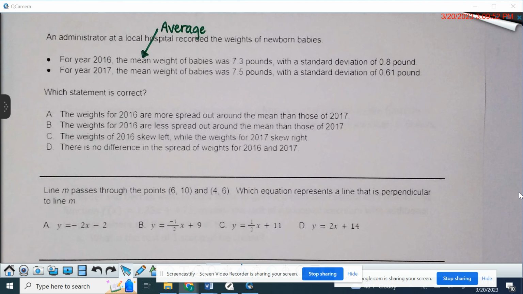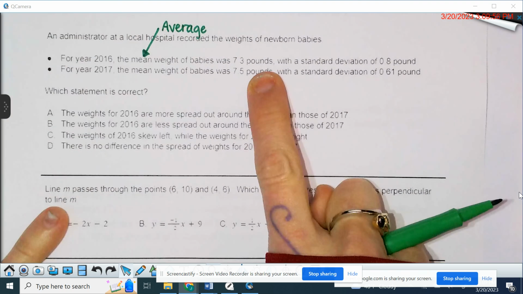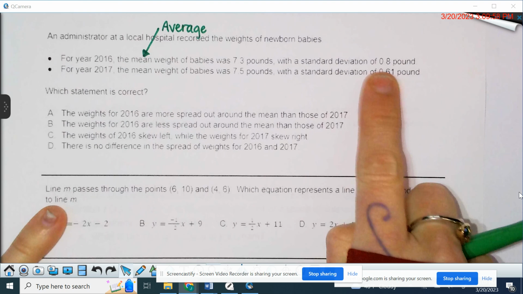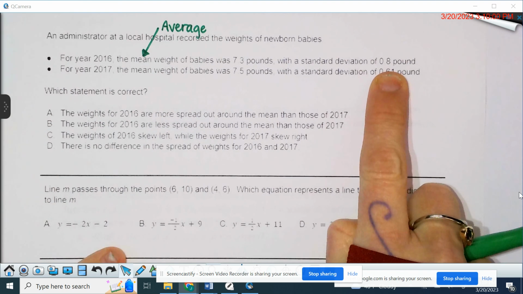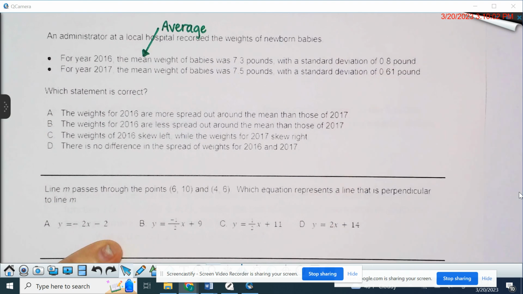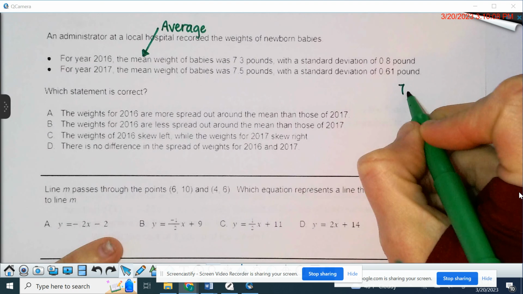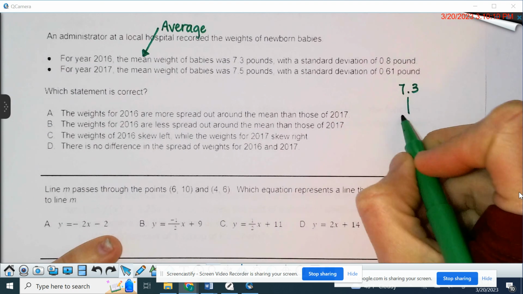So for the first one, in 2016, it's 7.3 pounds and a standard deviation of 0.8 pounds. Now, talking to some of my Math 3 kids, and it might be just the gap in time because you do not work on this necessarily in Math 2, but that means, so the mean is your middle. Your mean is your average.